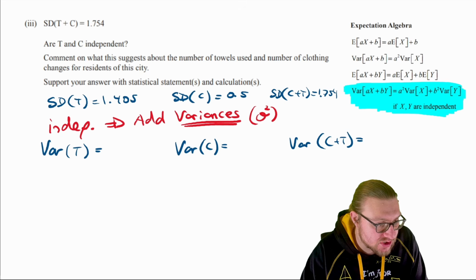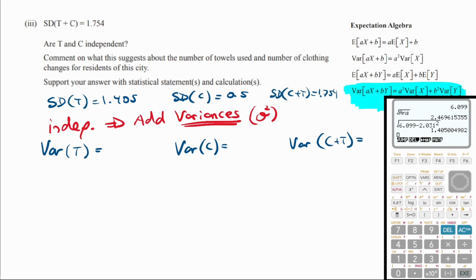So we can just jump onto our calculator and square all those numbers. There we go, 1.405, and then squared. Then we need 0.5 times 0.5, which is 0.25. We knew that one. And then 1.754 times 1.754.